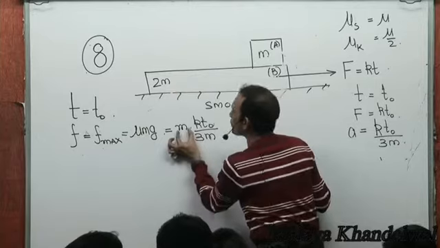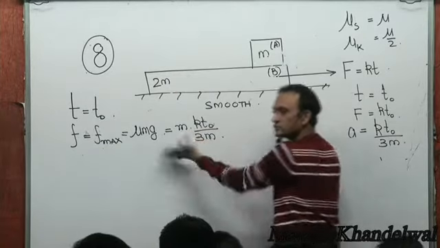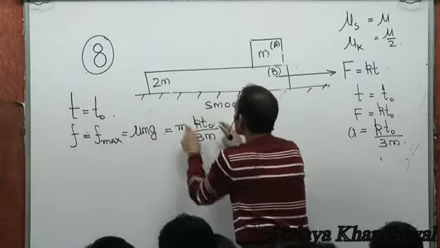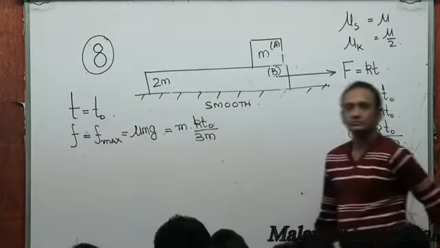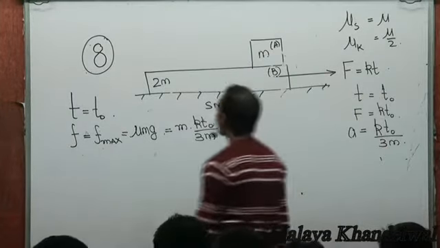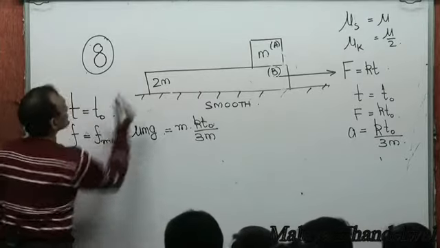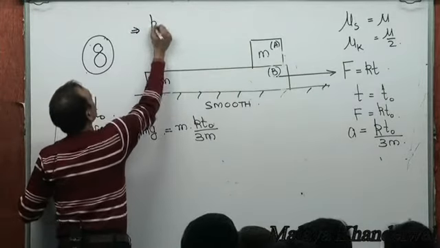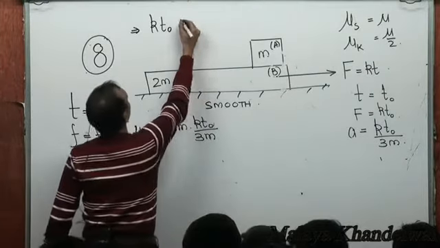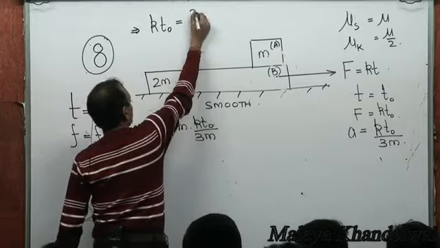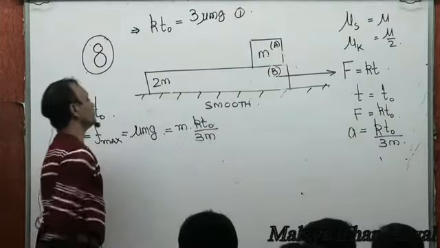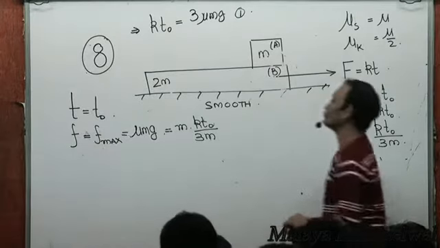This is the cause and this is the effect, which gives us kt naught as 3 mu mg. Yes or no?